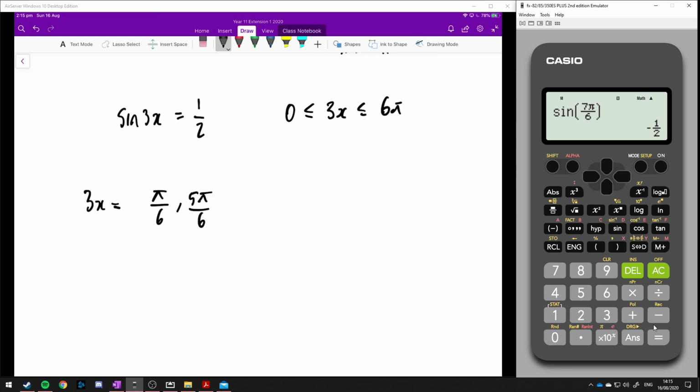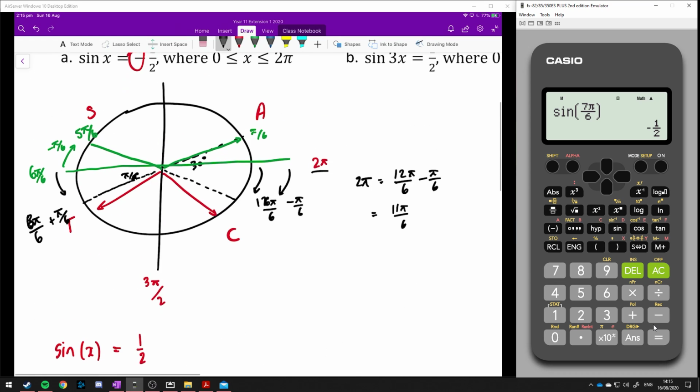Now that's only between 0 and 2 pi, but we want between 0 and 6 pi. So we're essentially going to be adding whole rotations to these.